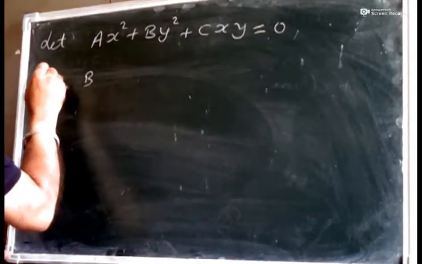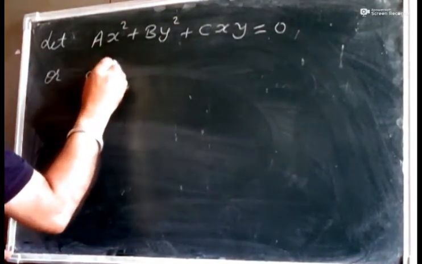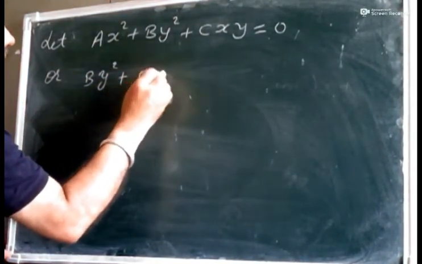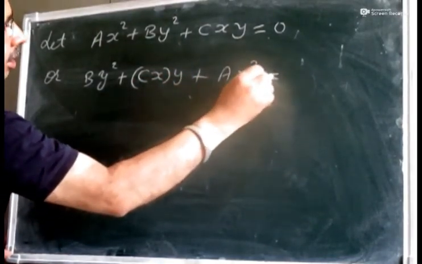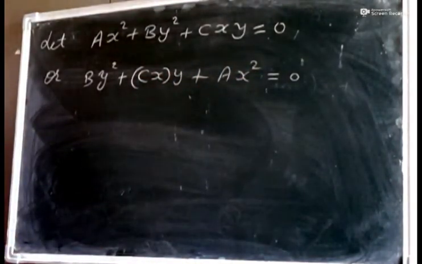Write this as by square plus cxy plus ax square is equal to 0.